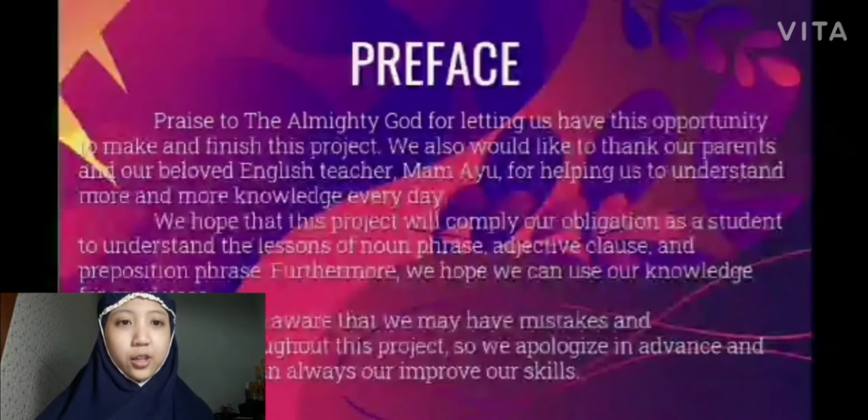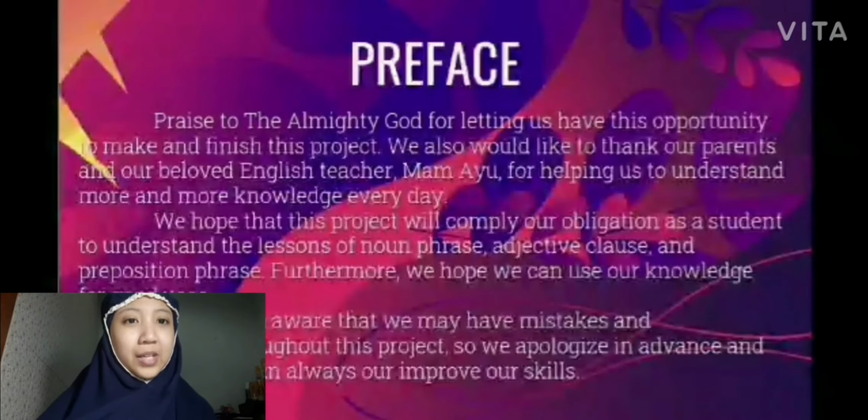We are also aware that throughout this project we may have some mistakes and that we are open to constructive advice. And we are hoping that this project will bring many benefits to the readers.